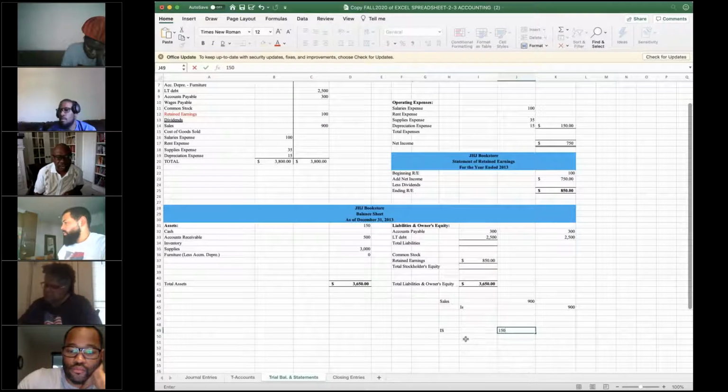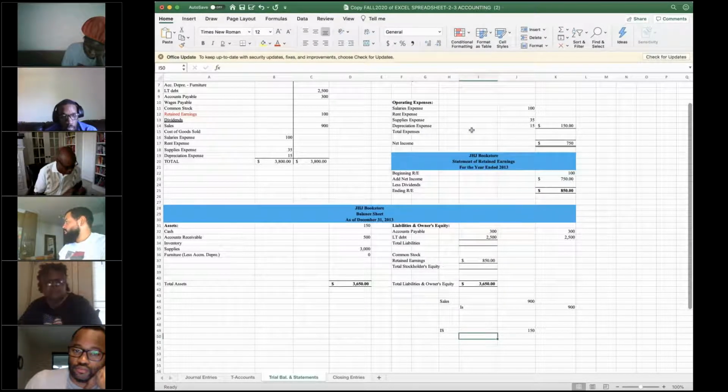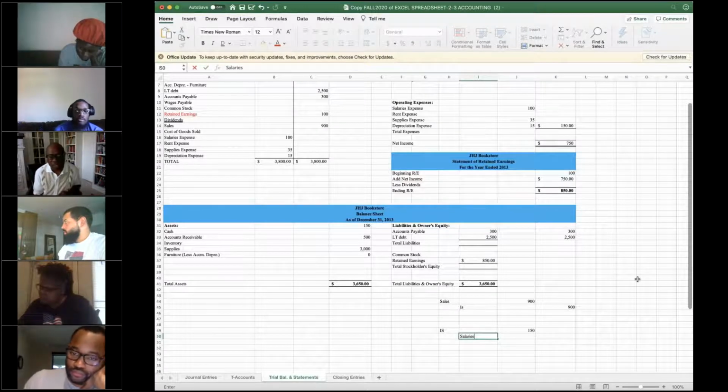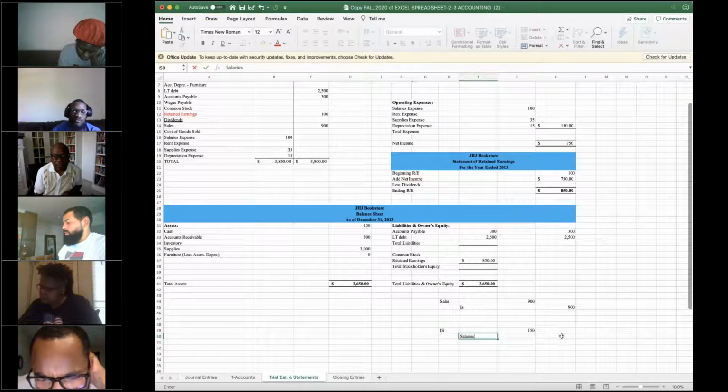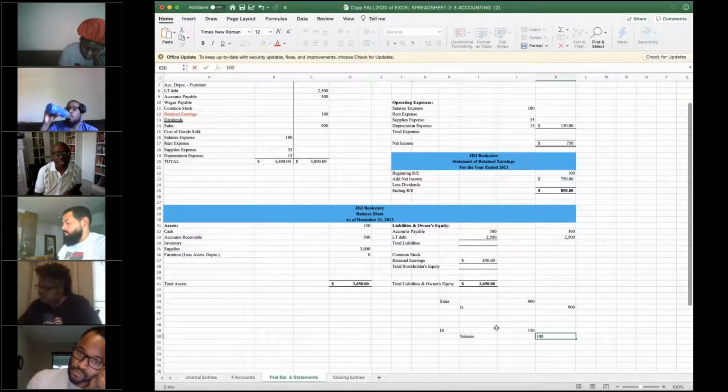We're going to credit what? All these expenses. So we're going to credit salaries. So in closing entry 2, we're closing out the expenses. So the salaries were 100. And then we had supplies of 35.